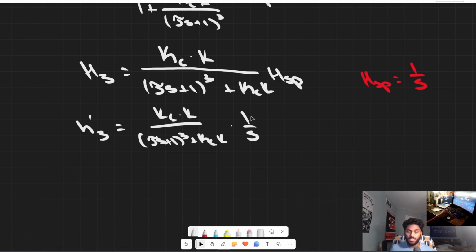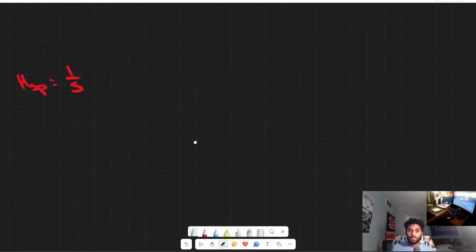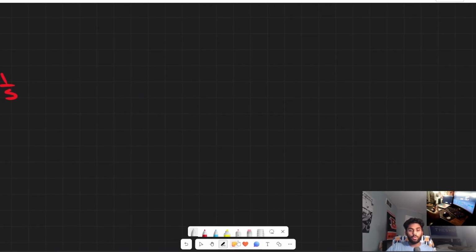So we have a deviation now. We changed our set point by a unit step of 1. And now we basically want to find what is going to be our final value for our deviation. So we can go ahead and introduce something called the final value theorem, FVT for short.